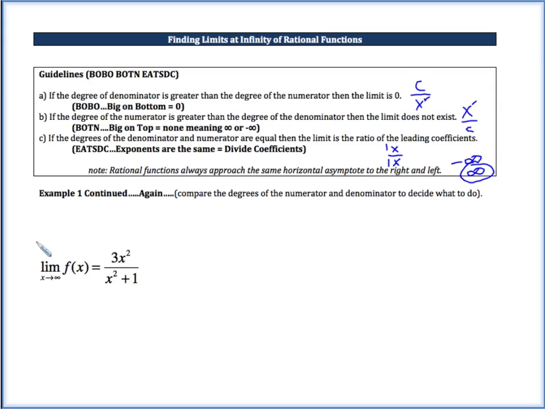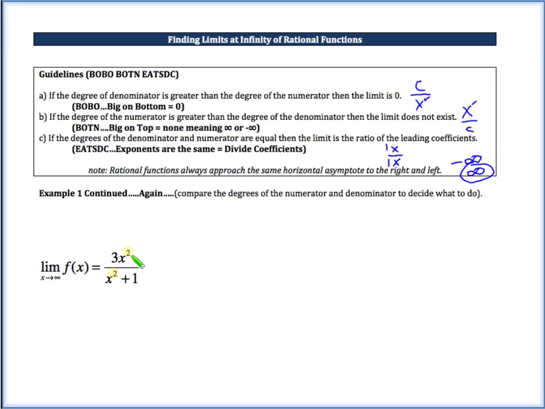Okay, so let's try our example 1 again by comparing the degrees of the numerator and the denominator and then deciding what to do. So here we have the limit as x approaches infinity of 3x squared over x squared plus 1. So with this rational function, the polynomial on top and the polynomial on bottom, you look at the highest power, the greatest degree here. And in this case, it's 2 and 2.